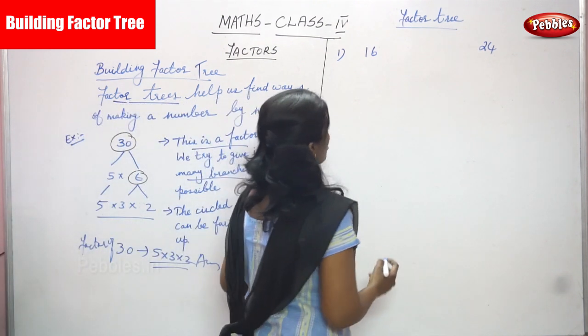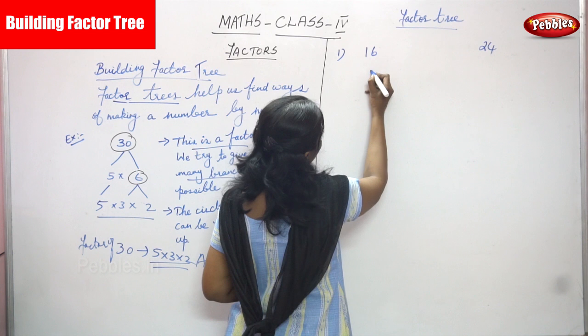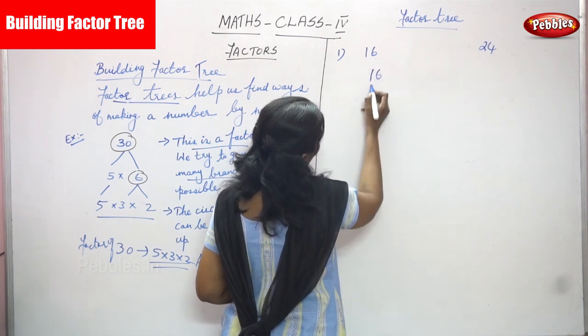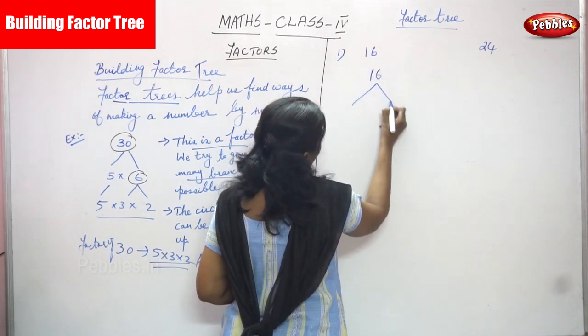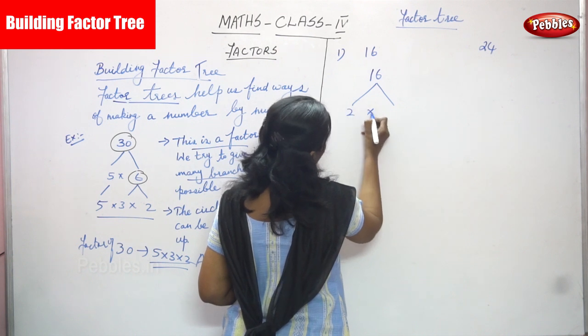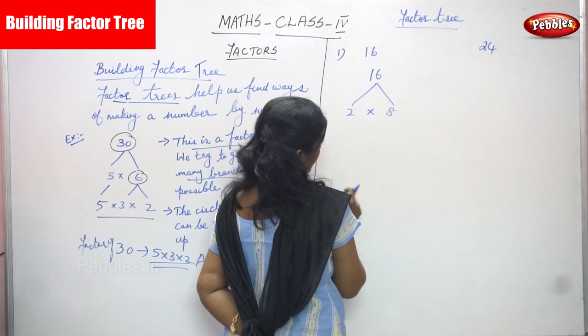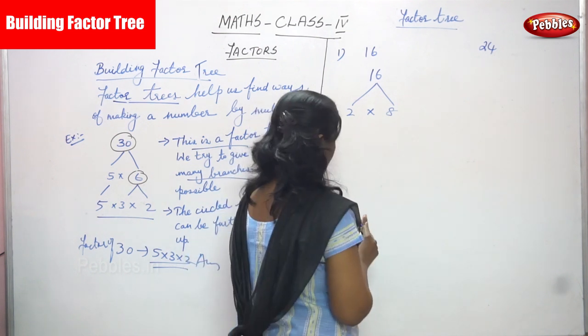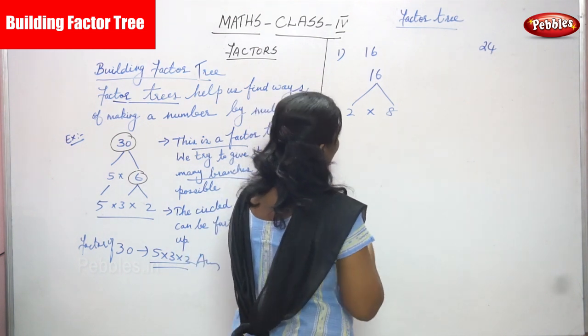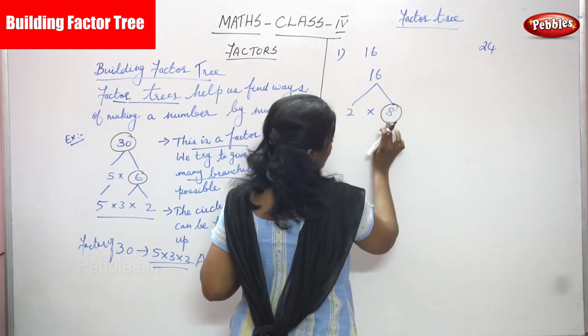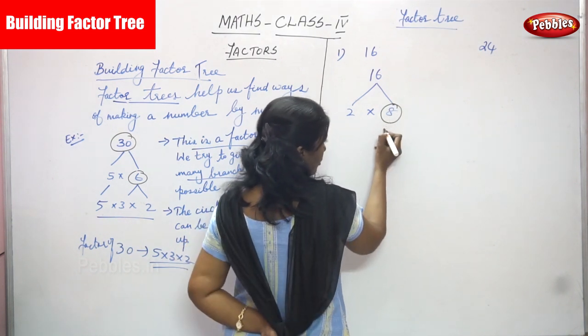Now we are going to solve the exercises. We have to find the factor of 16. So we have to draw the branch. 2 into 8 we can get 16. Now I am going to circle 8, which means I have to find the factor of 8.